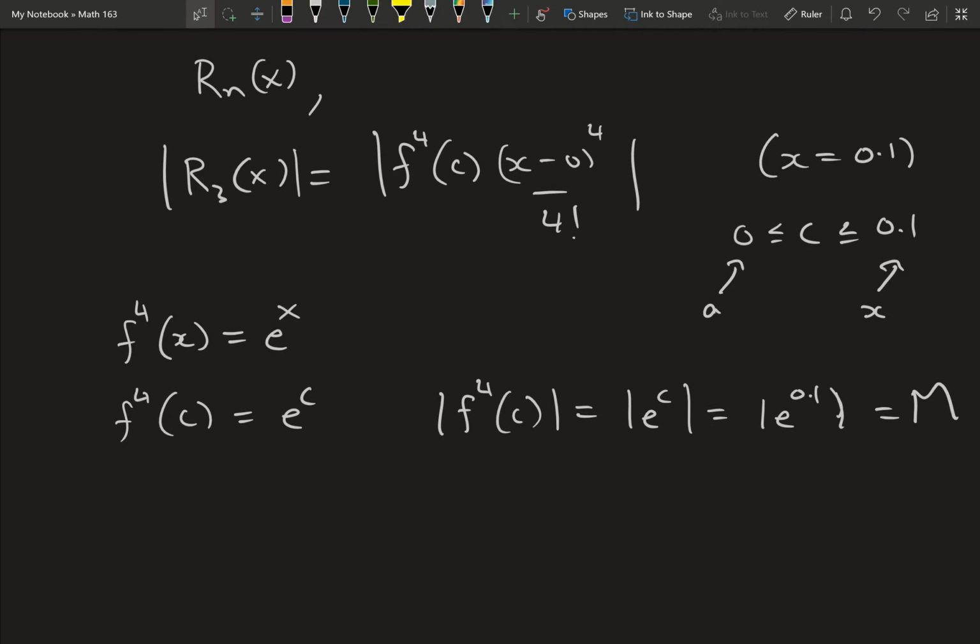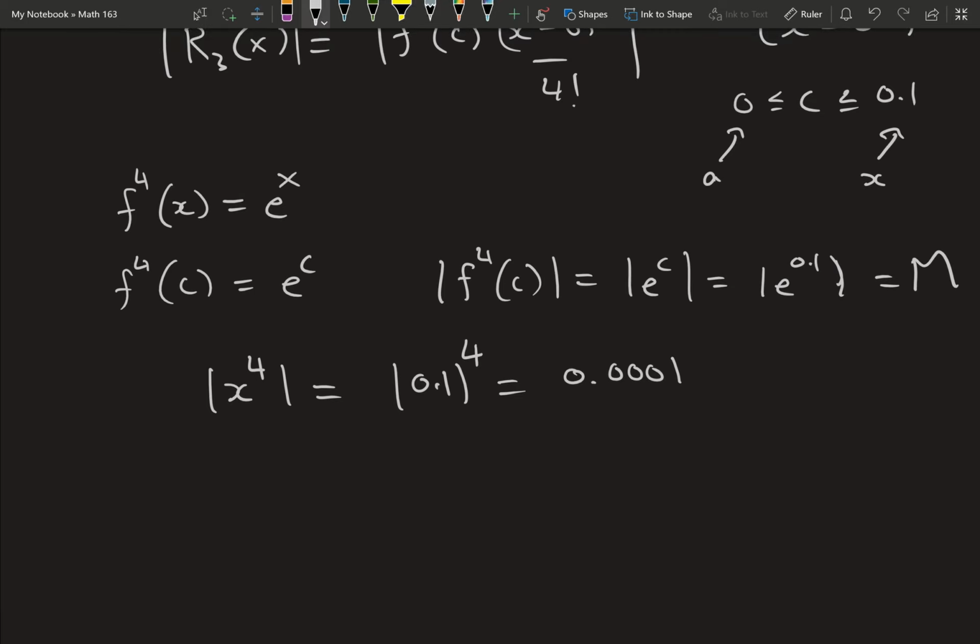So this is M, and then x to the fourth, since x is 0.1, we have 0.1 to the fourth, which is 3 zeros and then 1. And then there's 4 factorial, which is 24.